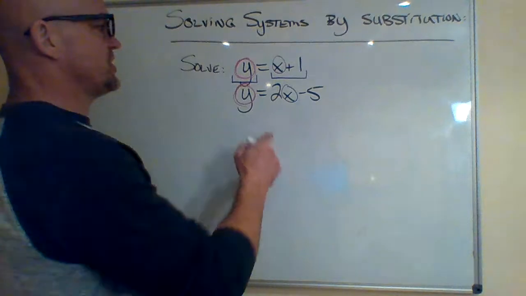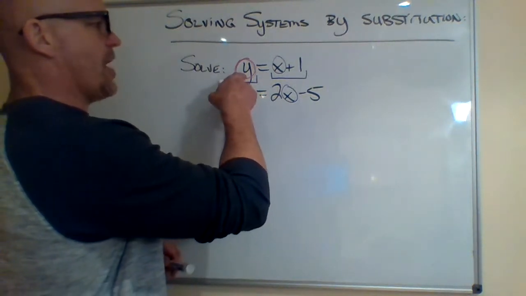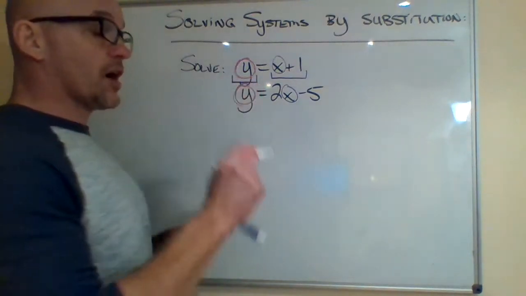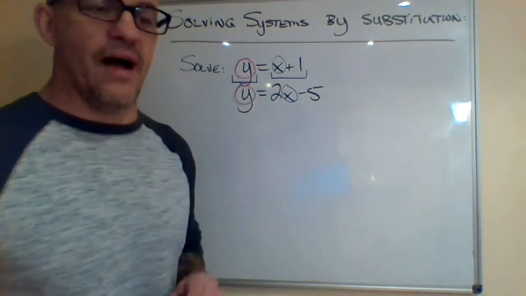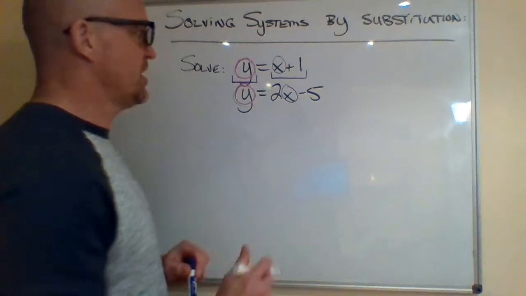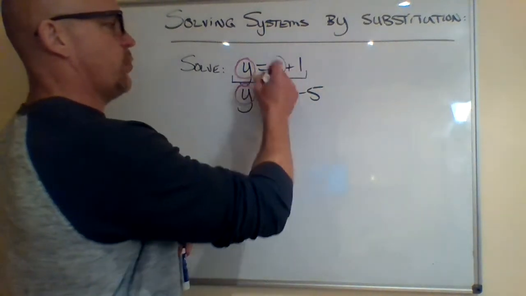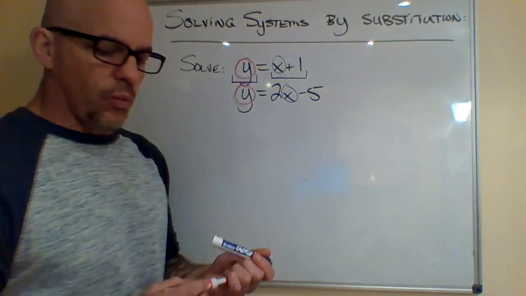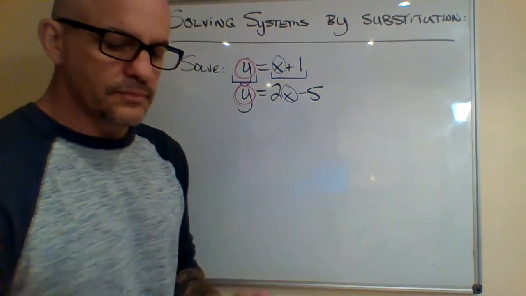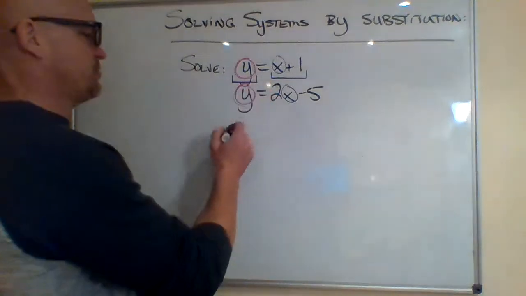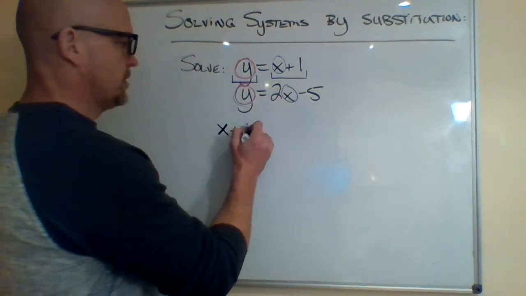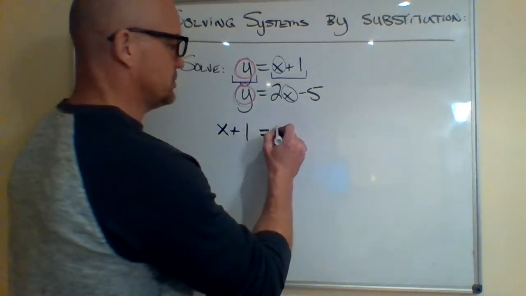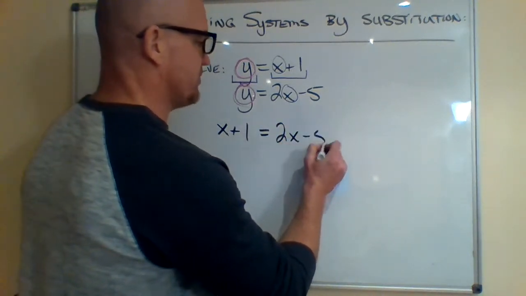So all I'm going to do is say, okay, if this y is equal to x plus 1 and these two y's are supposed to have the same value at that point of intersection, I can take this x plus 1 and put it in for this y as well. So what that will look like is we will have x plus 1 substituted in for that y and set equal to 2x minus 5.